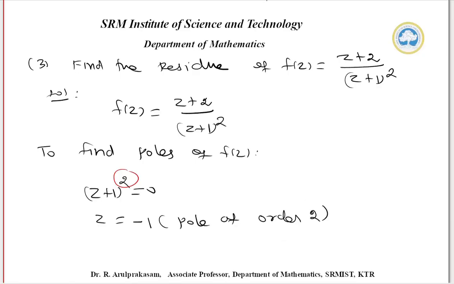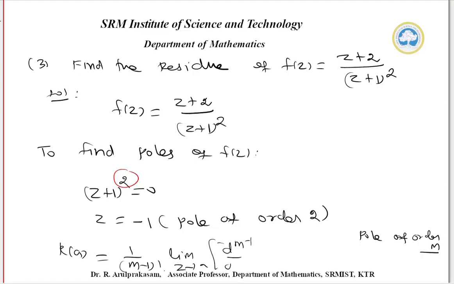Okay. So immediately we should recall in our mind the residue formula for a pole of order 2. My residue formula for a pole of order m is 1 divided by m minus 1 factorial, limit z tends to a, d power m minus 1 divided by dz power m minus 1, of z minus a whole power m into f of z.